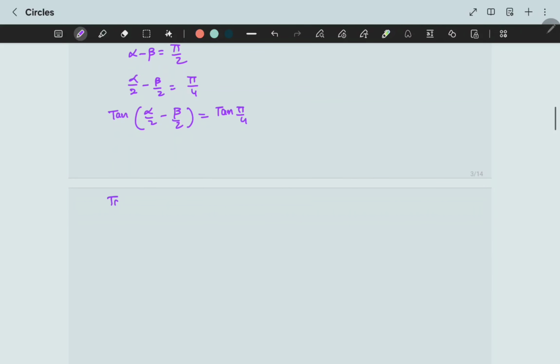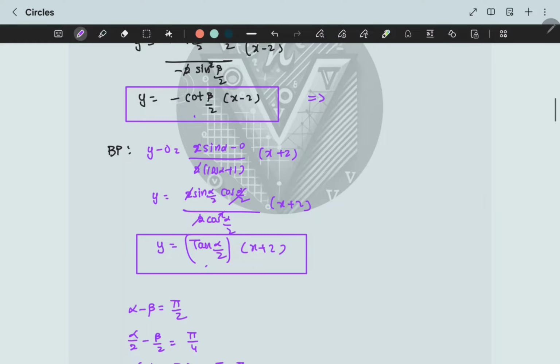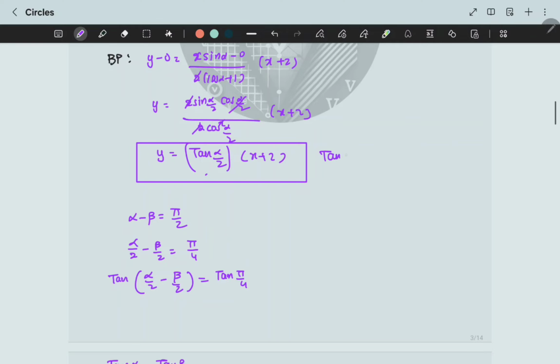And that means tan alpha by 2 minus tan beta by 2 by 1 plus tan alpha by 2 tan beta by 2. And what is tan alpha by 2? From here, tan alpha by 2 should be y by x plus 2.